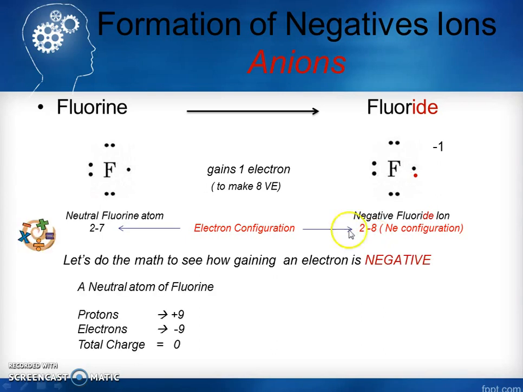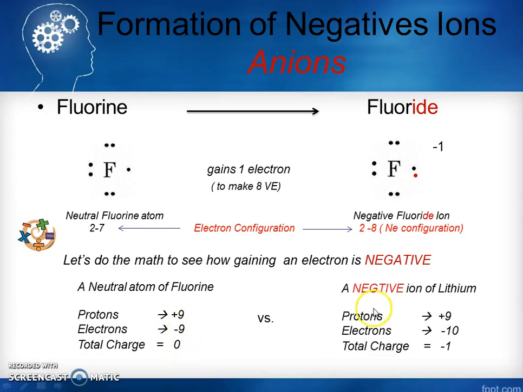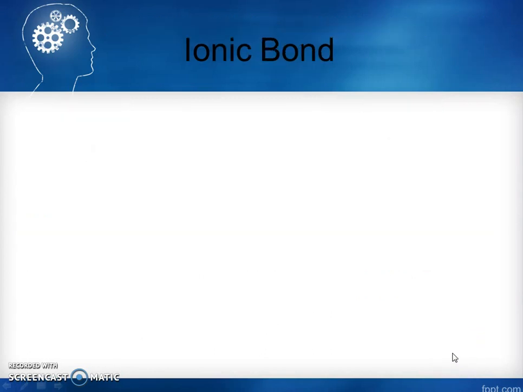A neutral atom of fluorine has +9 and -9, total charge 0. For the negative ion, this should be fluoride: protons, +9. Now it's got an extra electron, so -10. We get a total charge of -1.